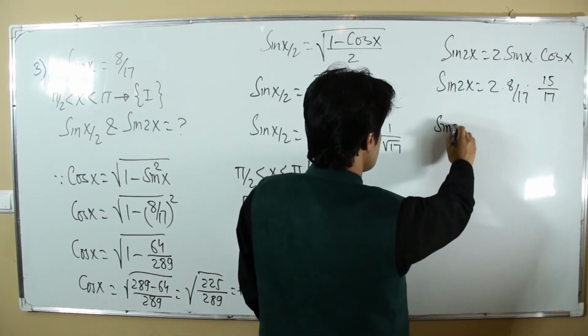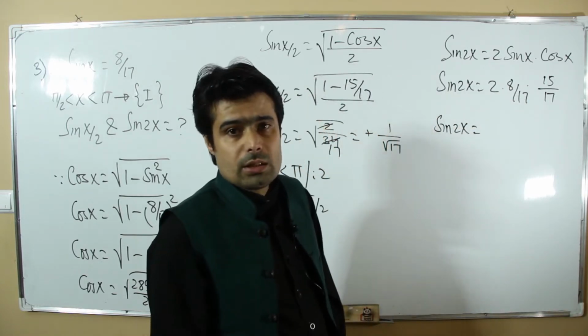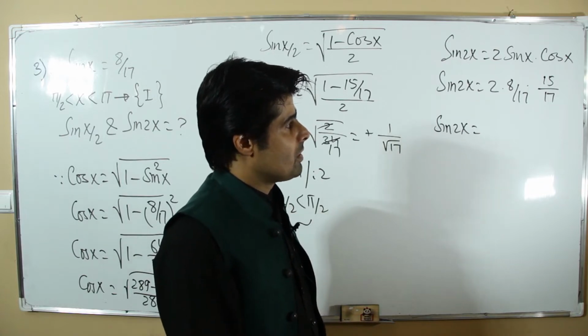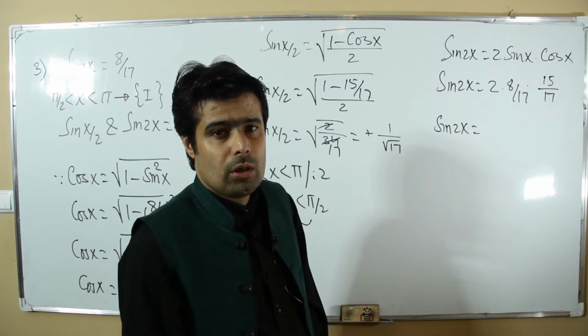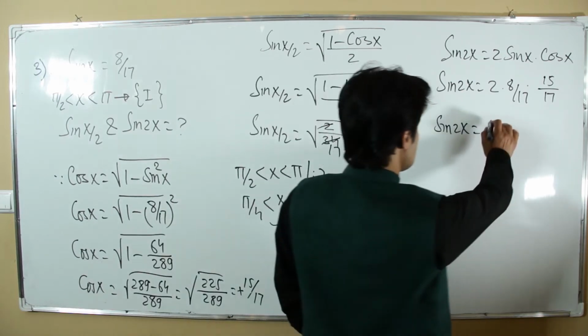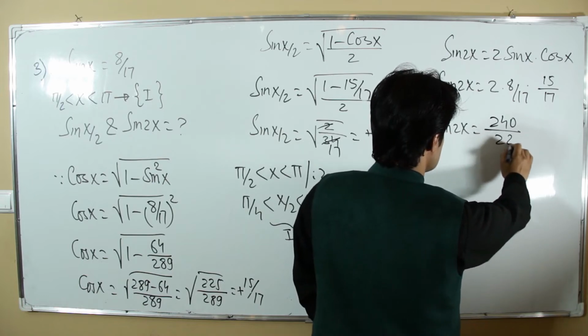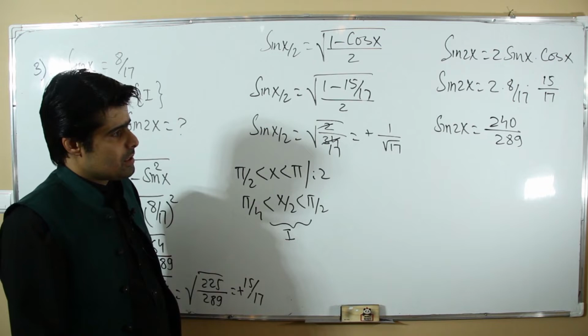Now sine 2x is 2 times 8, it is 16. 16 times 15, what is it? 225? 15 more? I think 240. And 17 squared is 289.